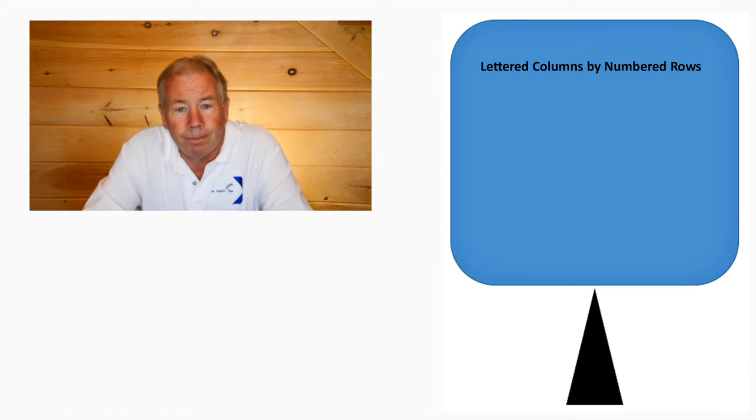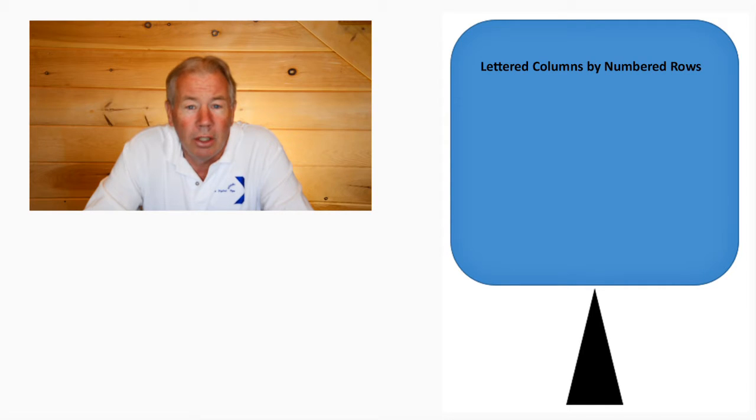What did we learn? First, spreadsheets are broken up into a grid. The letters are the columns and they increase from left to right. The numbers are the rows, increasing top to bottom. Think about the third column and the second row as C2.